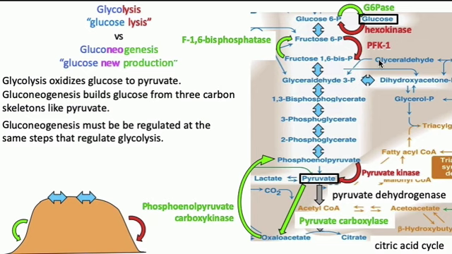Since, however, we're looking at gluconeogenesis, and we can assume the red glycolytic enzymes are inhibited and the green gluconeogenic enzymes are activated, fructose 1,6-bisphosphatase will act upon fructose 1,6-bisphosphate, and it will cleave off the phosphate to convert fructose 1,6-bisphosphate to fructose 6-phosphate. Again, fructose 6-phosphate can flow back and forth with glucose 6-phosphate, and for that matter with glucose 1-phosphate.